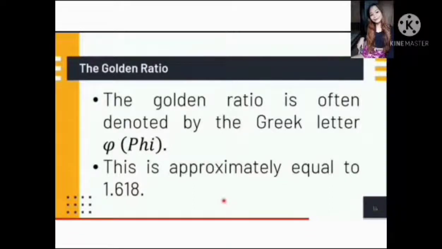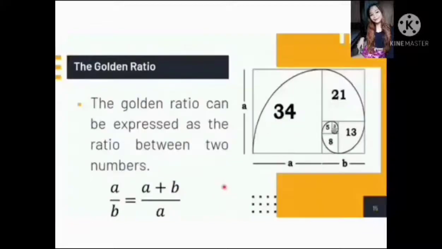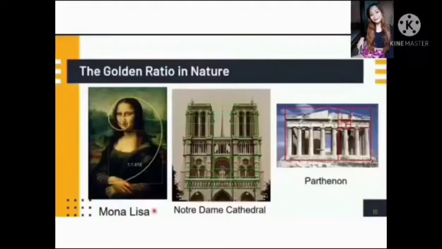This is approximately equal to 1.618. The golden ratio can be expressed as the ratio between two numbers. Here is the formula: A over B equals A plus B over A. So here is the illustration. The golden ratio in nature and art, for example, Mona Lisa, Notre Dame Cathedral, or Parthenon.